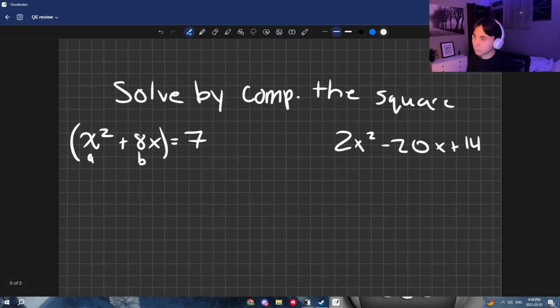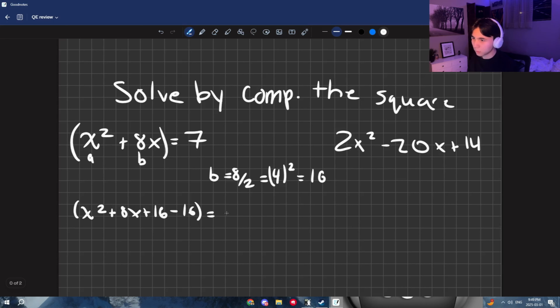And to complete the square, we've got to divide our b value by 2. So if b equals 8, we divide this by 2, and it gives us 4. And of course, we're going to square that to give us 16. So we have x squared plus 8x plus 16 minus 16 is equal to 7.